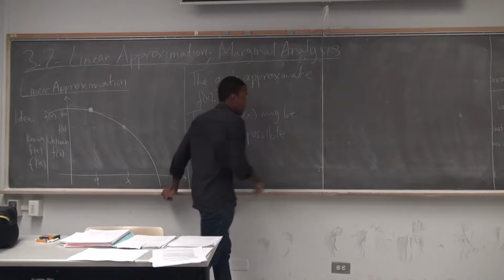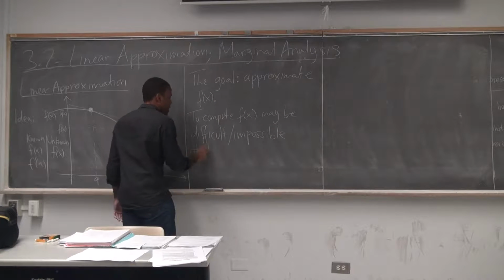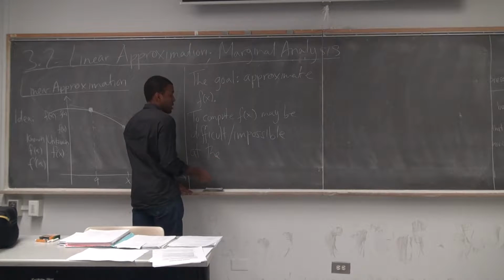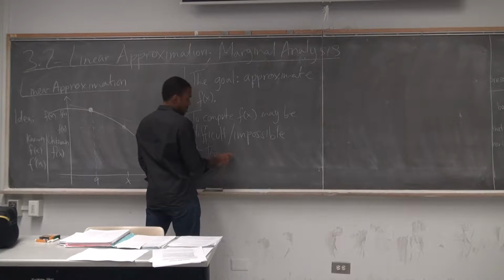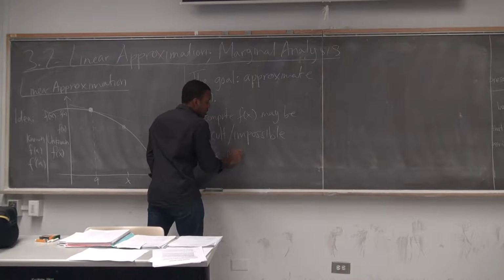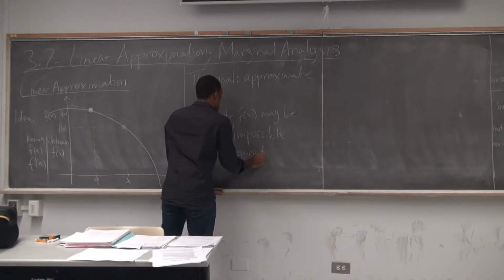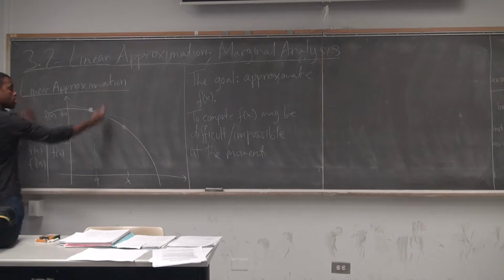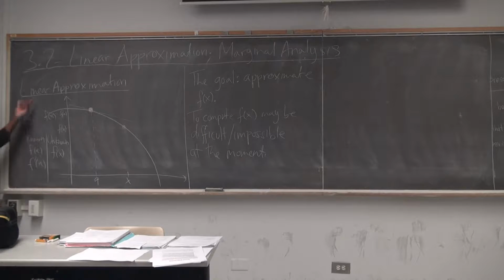Because computing f of x may be difficult or impossible at the moment, what we're going to do is try to estimate it to the best that we can. One way we do that is called linear approximation. We're going to approximate it with a straight line. That's why it's called linear.